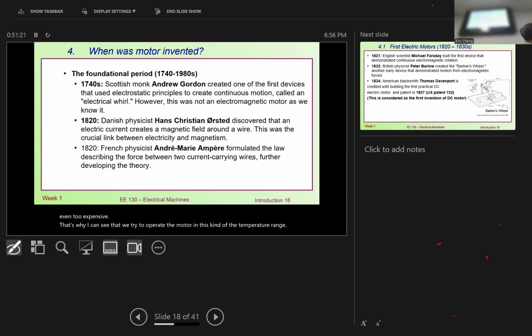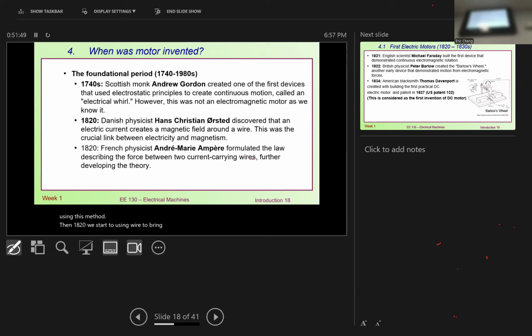Here is some history, which I think you can check quite easily on many websites. In 1740, we started some initial work on the electromagnetic principle, which is not really a motor yet. It just shows some electromagnetic attraction. Then in 1820, we started using wire to create a magnetic field.